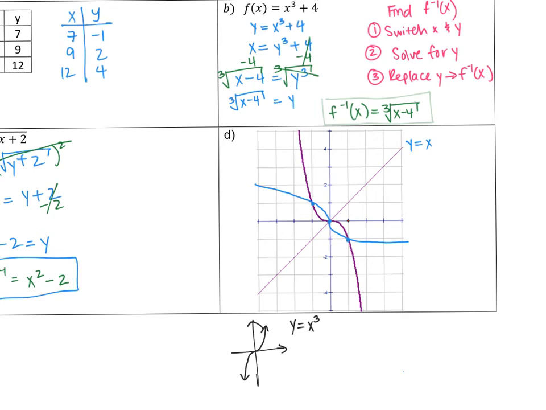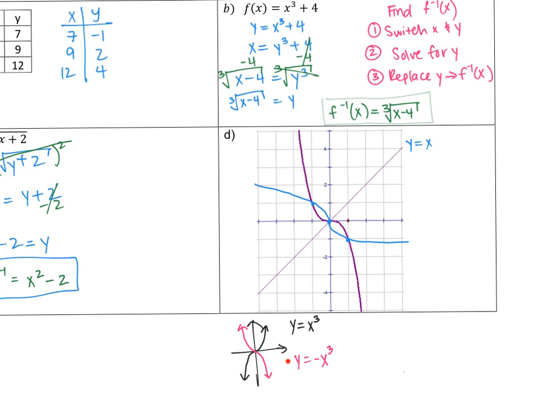Notice that when you compare to this line, it's flipped. So this line is going like this instead. What that tells me is that this equation is negative x cubed. And if you understand that, then you can take this equation to find the inverse.